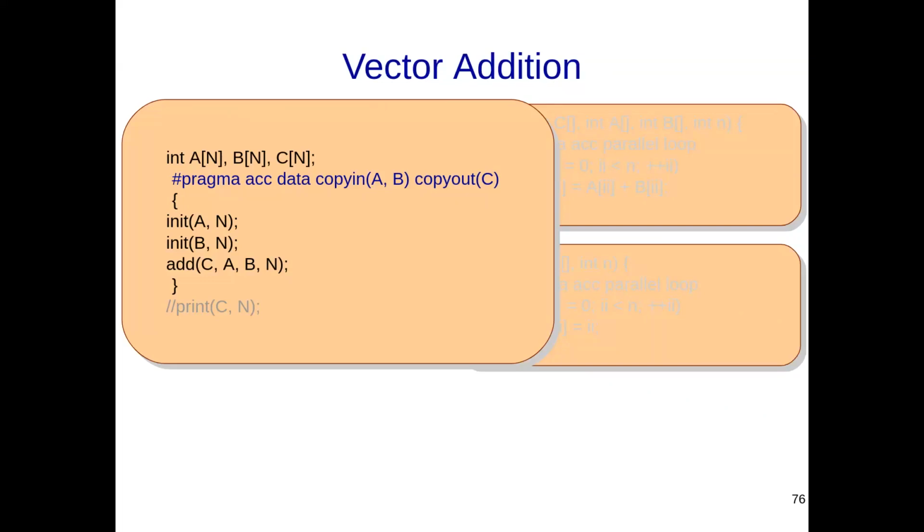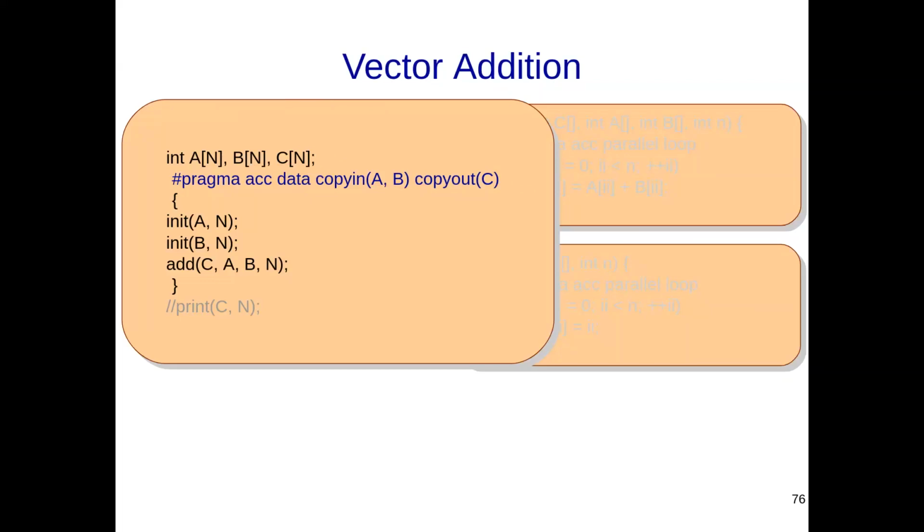Recall that earlier, when we had not specified this pragma, all of A, B, and C were getting allocated on the GPU. Now A and B are definitely going to be copied, but for C it creates the copy on the GPU by default.